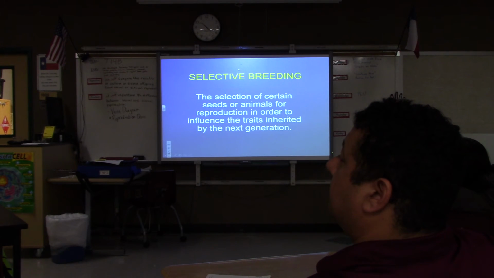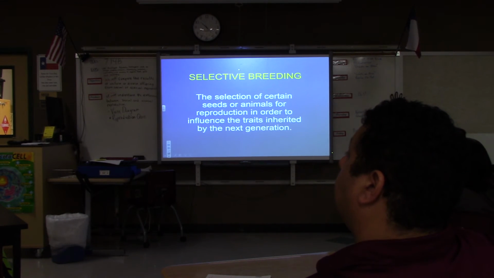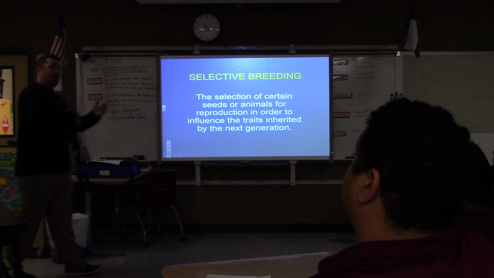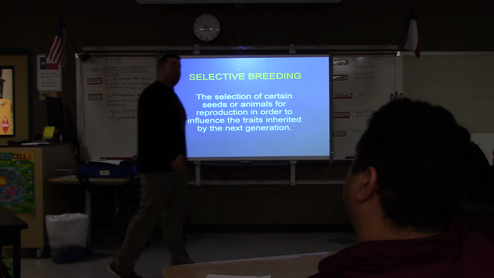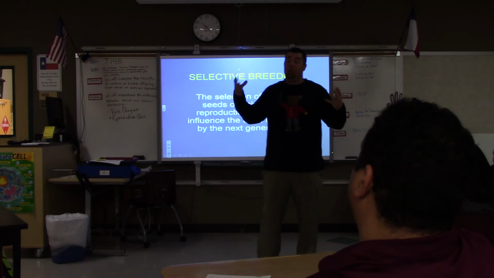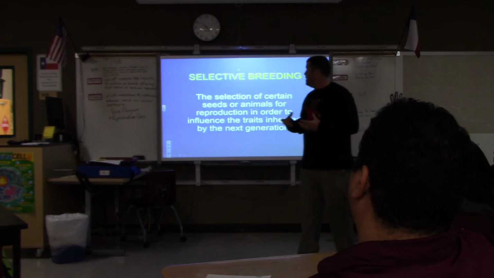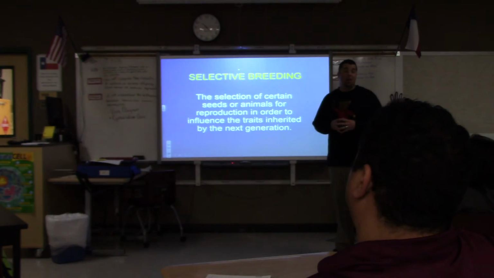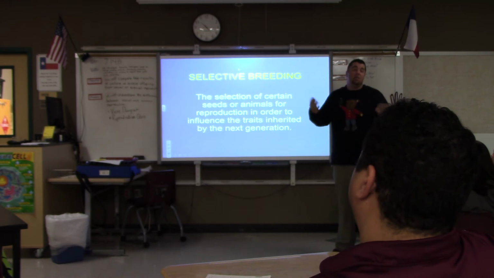So you want the biggest, strongest bulls there are to mate with your cows, so that the calves you have are going to have all those genetics. So what a lot of ranchers are doing now is instead of buying all these big bulls, they actually buy semen from these other ranchers that have all these big, strong bulls. And it's a lucrative business. I mean, there's some ranchers now making tons of money doing this. That would be selective breeding.